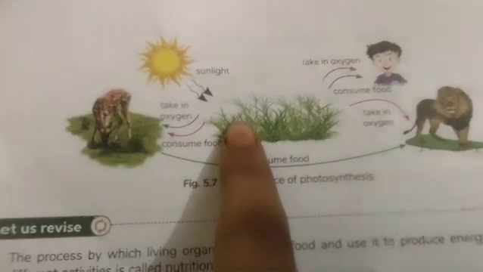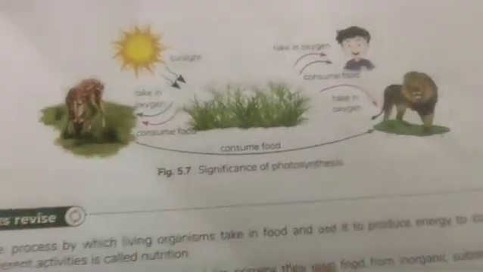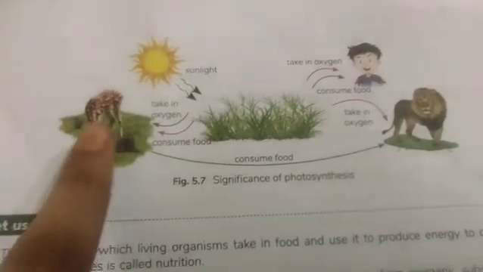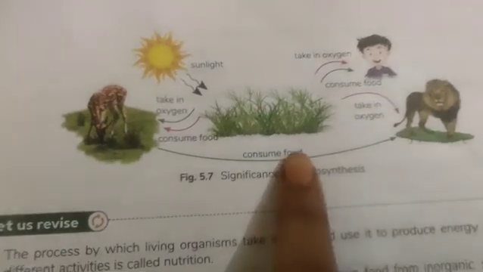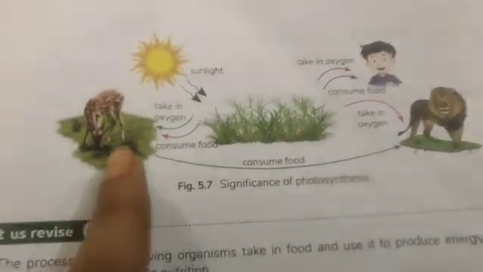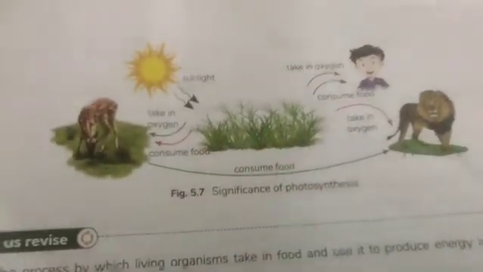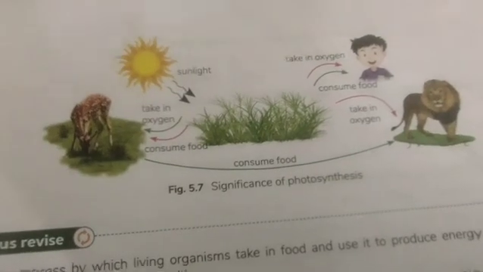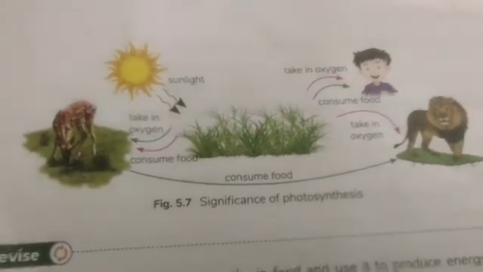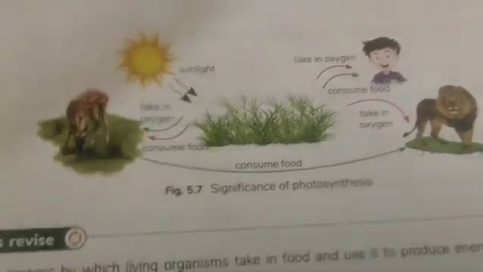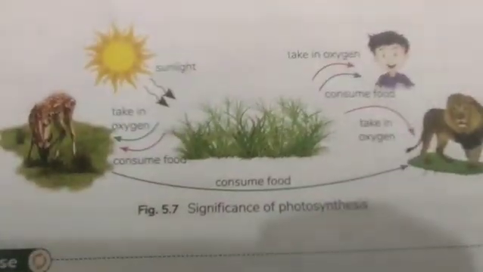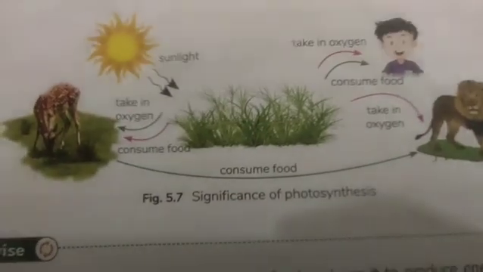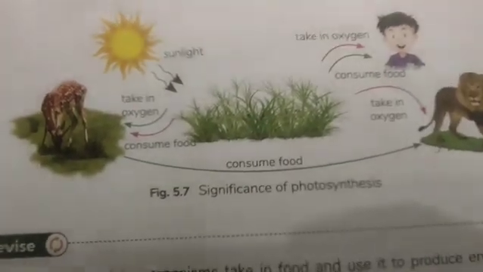If the lion does not eat the deer, the population of deer becomes larger, and as you know, the deer eats grass, so the plants will keep decreasing, which will have a big effect on photosynthesis in our nature. So the food chain has some connection with photosynthesis.